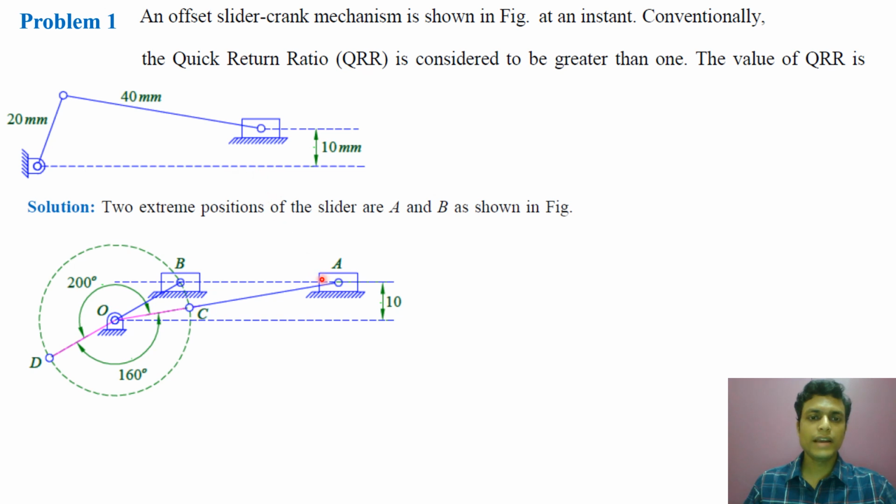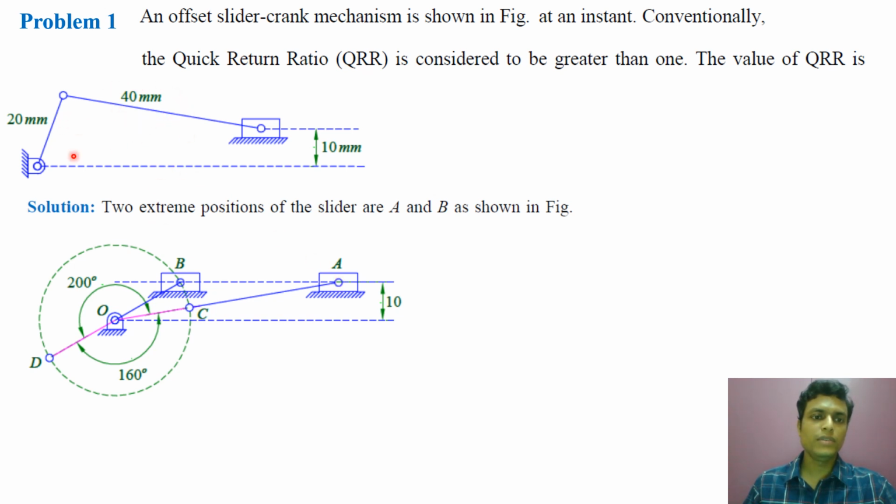So how to locate point A, that is the extreme right position? From point O, that is the center of the crank, we will draw an arc of radius how much? 20 plus 40, that is 60. So OA is 60. So A has been located. Now how to locate B?